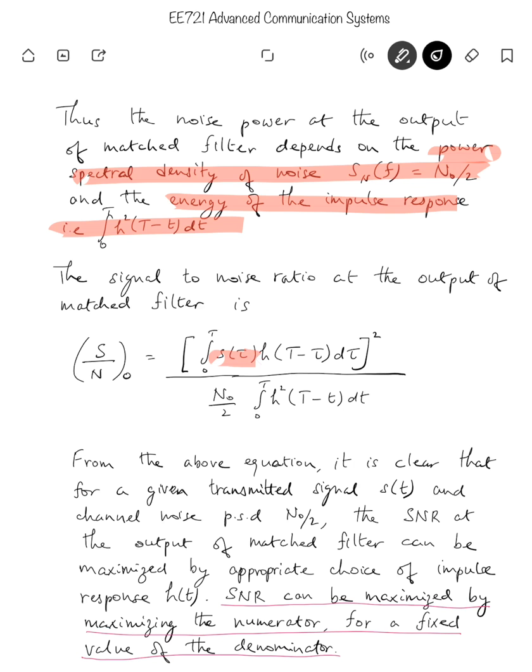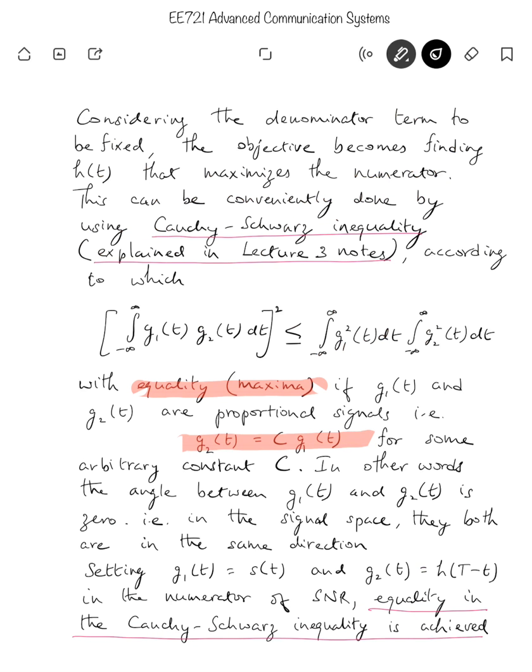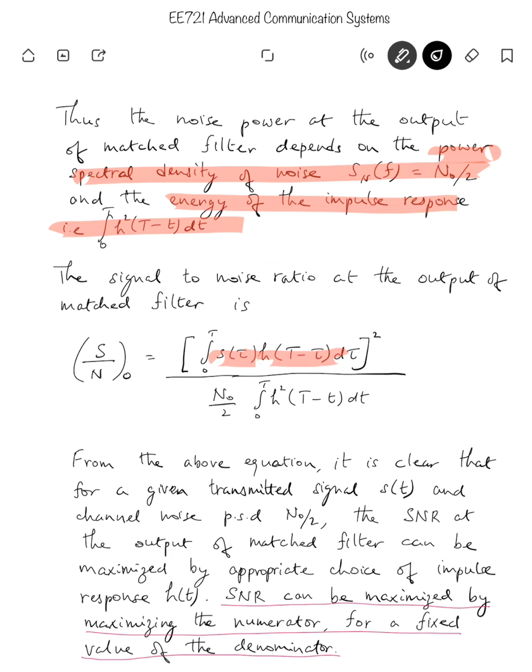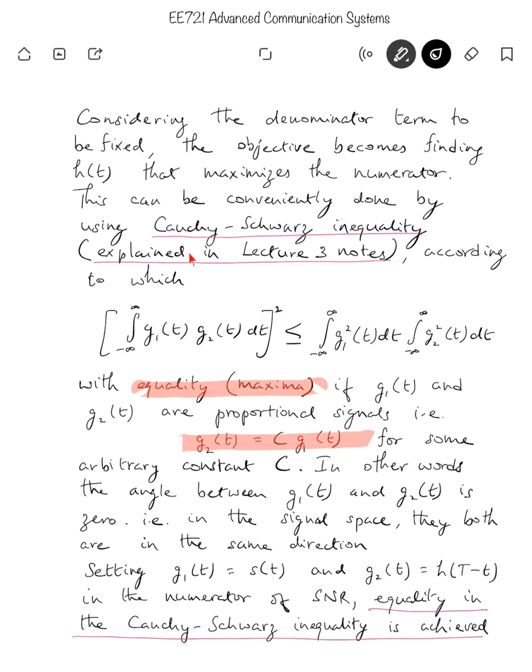Okay, so we have in our case s of tau as our g1 of t and h of t minus tau as our g2 of t. So we will treat these as two signals g1 and g2, and then show that by having g2 as some signal proportional to g1, that means by having h of t proportional to s of t, we can achieve the equality in the Cauchy-Schwarz inequality representation, right?